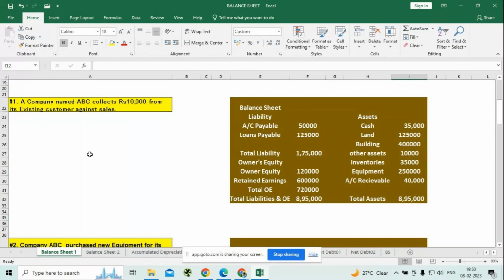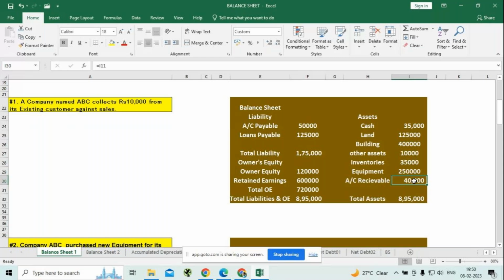Accounts receivable will get deducted by 10,000. Okay, it is going to get reduced. Yes, sir. So now we will go to the accounts receivable and press F2.